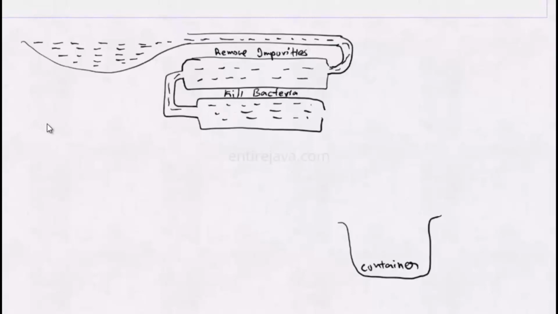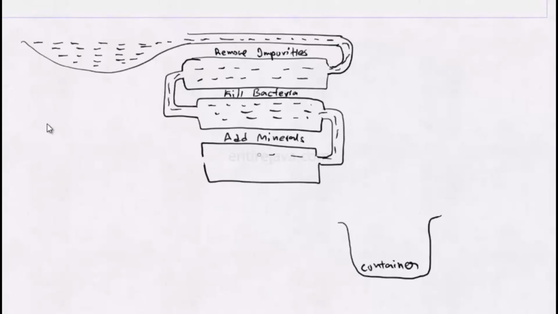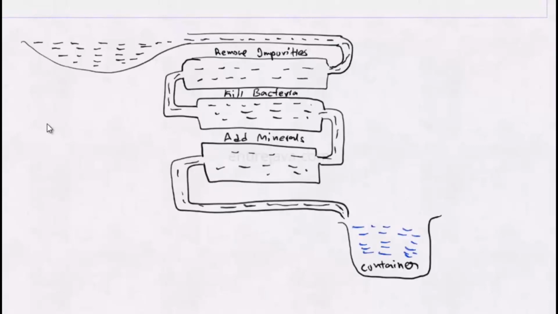And likewise, you would let the water flow into the final stage where you would add minerals into the water. And then you will finally collect the purified water into the container. So now we got a stream of water and it is going through multiple processes to ultimately get the result we wanted, to get the purified water.